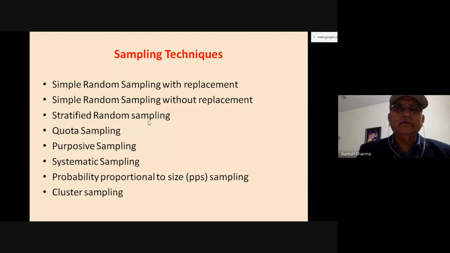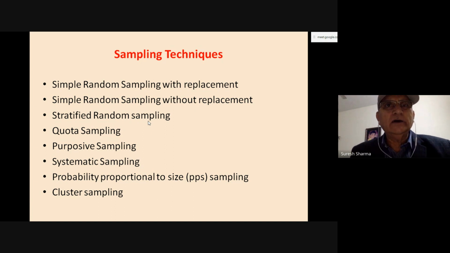Suppose West Bengal is having 50 districts, right? And I want to take a sample of, say, 1000. So I'll divide 1000 by 50. So 20. So I'll go to each and every district and take a sample of size 20 from each and every district, so that the entire coverage can be made.